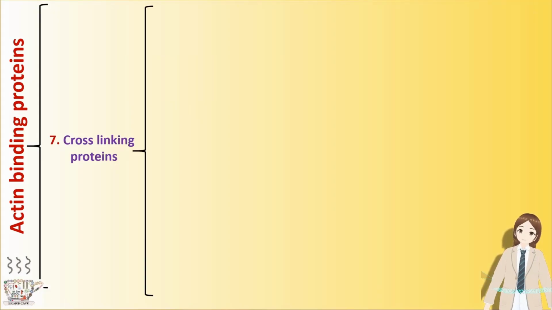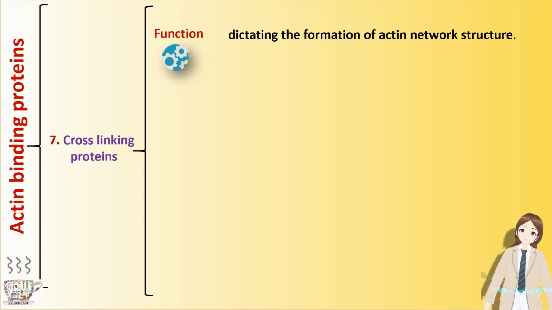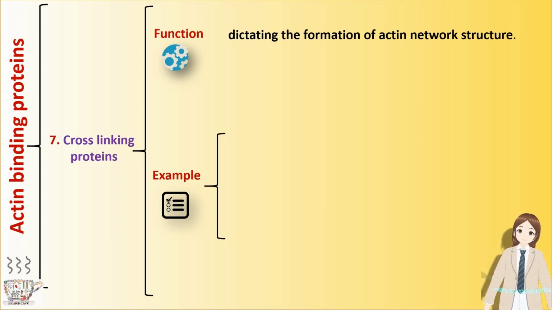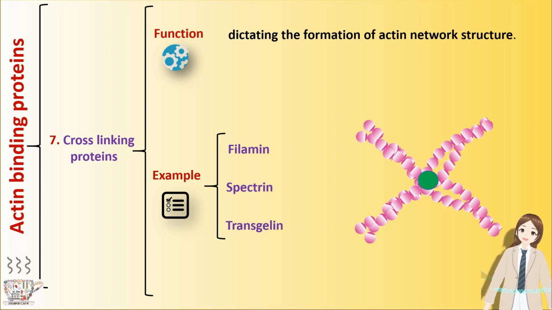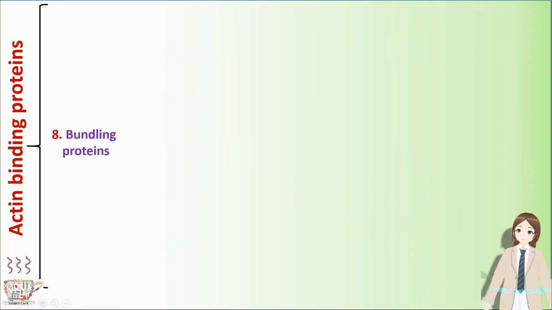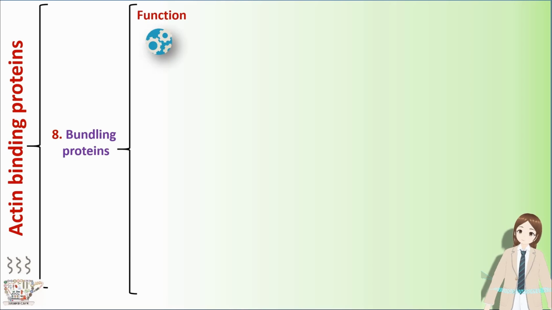Cross-linking proteins. They play a role in dictating the formation of actin network structure. Some examples of cross-linking proteins are filamin, spectrin, and transgelin. Bundling proteins. They play a role in dictating the formation of actin bundle structure.